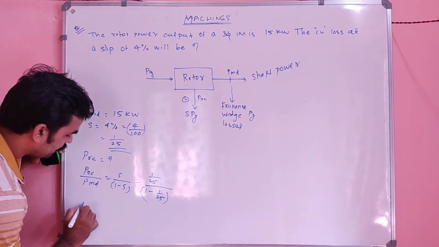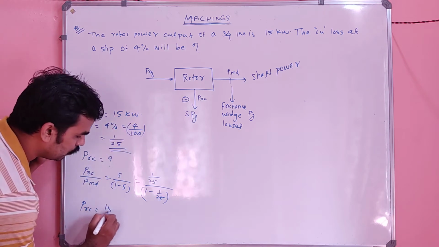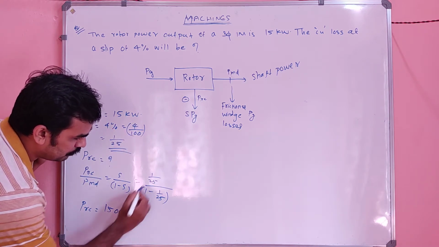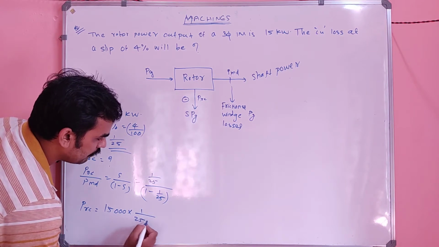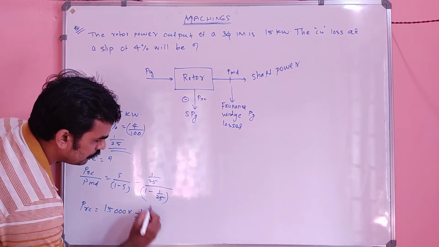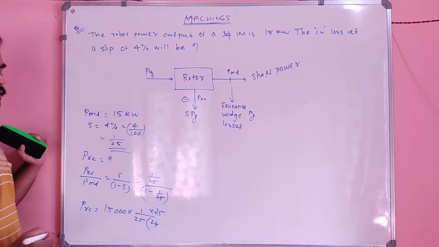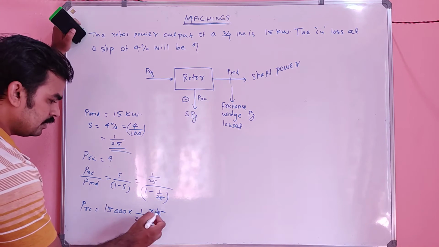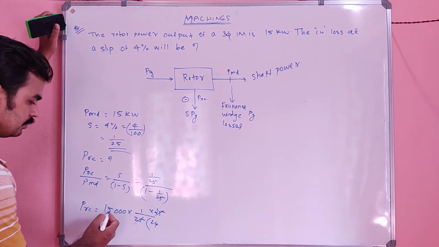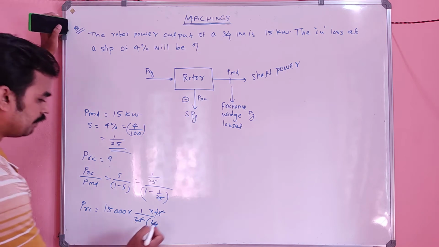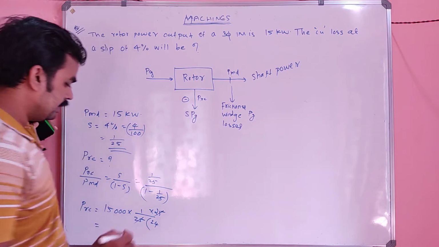So PRC will be equal to PMD. PMD is given as 15 kilowatt. So 15,000 into 1 by 25 into 24 by 25, correct? So 25 and 25 can cancel, and we get 15,000 divided by 24. Let's find that.